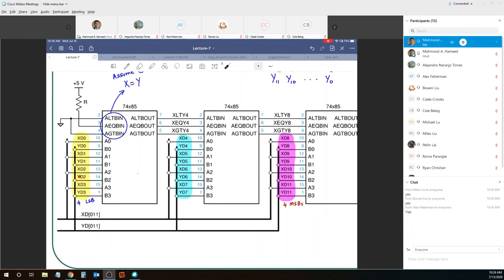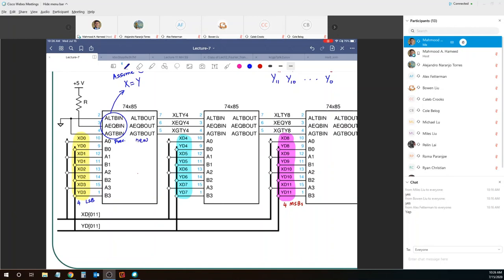So the 4 least significant bits of the two numbers are compared, and that comparison will generate the new outputs. So these are essentially your previous outputs or previous comparison status, and then this is the new.